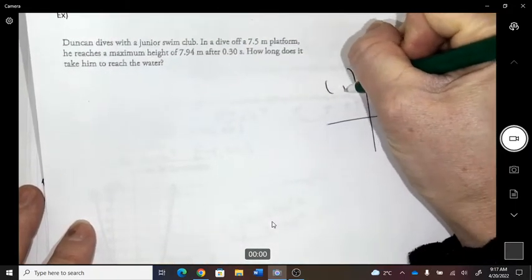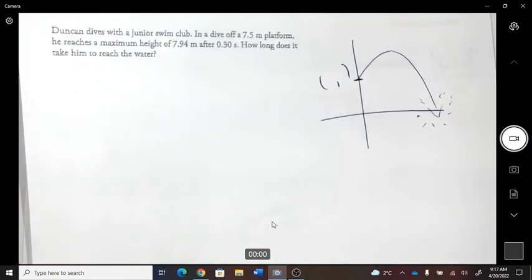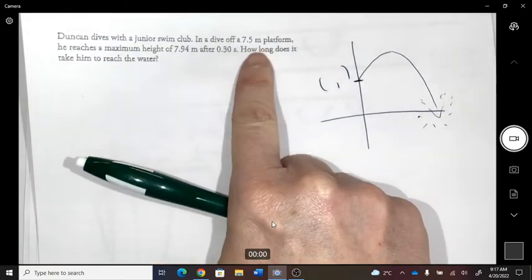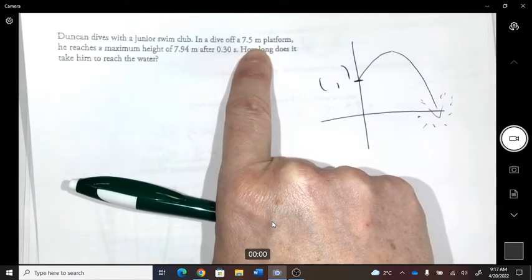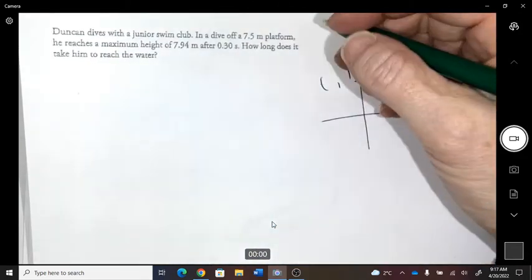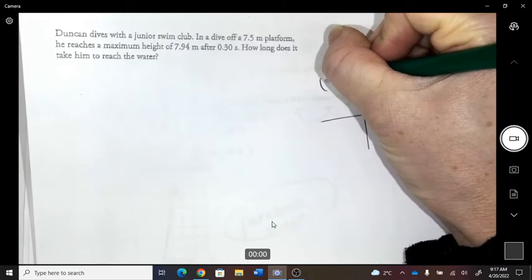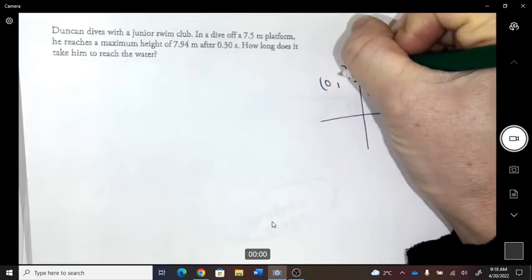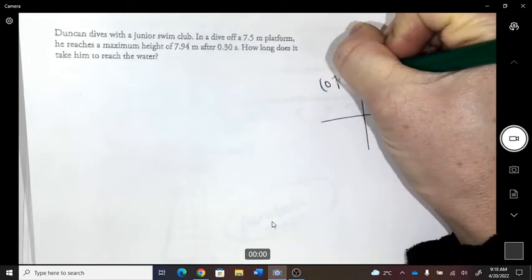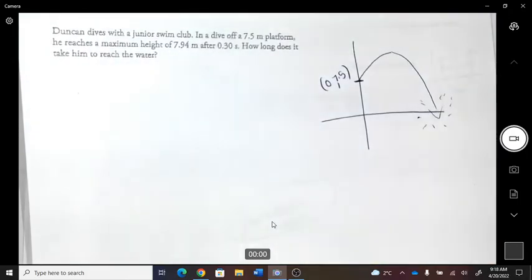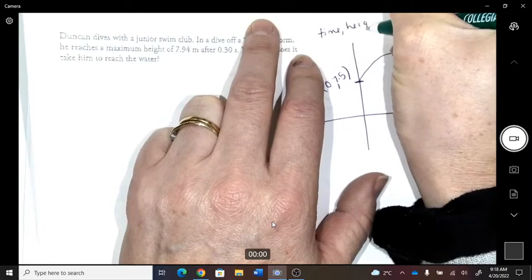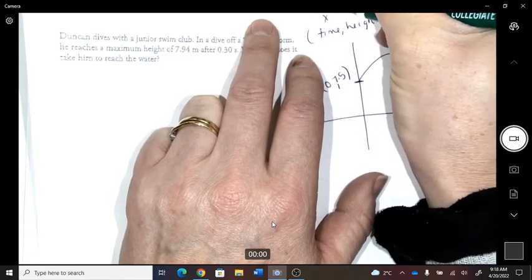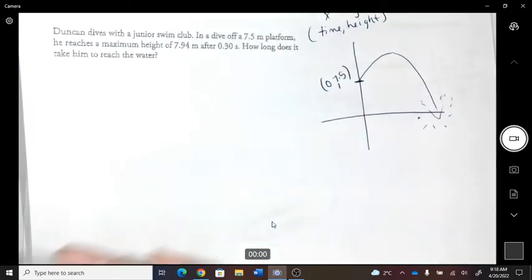What is this math coordinate? If you're on a 7.5 platform when you start, the time is 0, the height is 7.5. Okay, so that's kind of what I'm thinking.